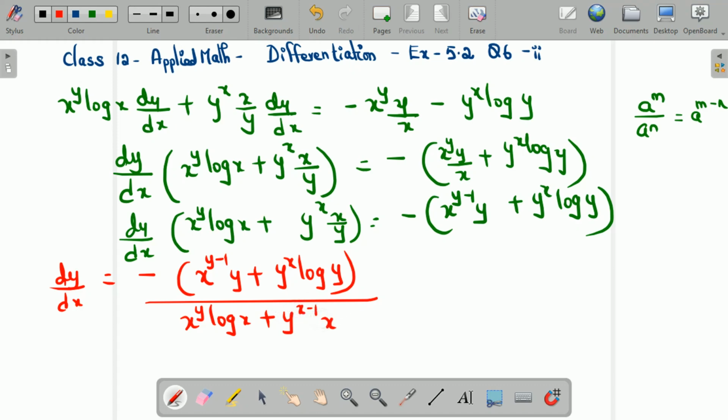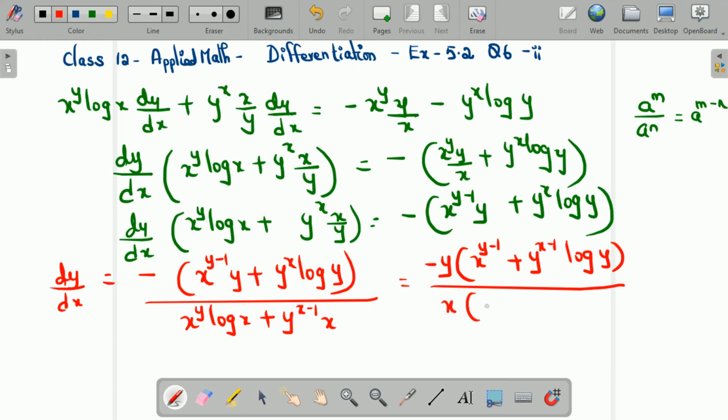Now from this, we can leave it as such, or you can simply take an x and y in the numerator outside. If I take the y outside from the numerator, this will become x^(y-1) + y^(x-1) log y, the whole thing divided by x into (x^(y-1) log x + y^(x-1)).